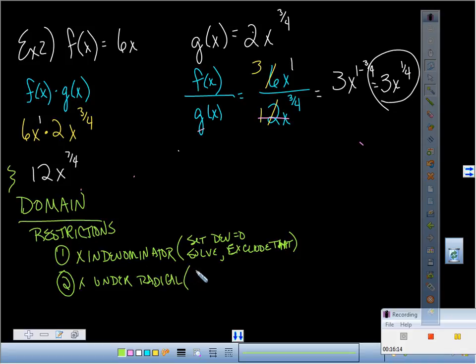So only if it's an even root, you set what's under the radical greater than or equal to 0, and then you solve it, and that will be your domain. Whatever number you get when you solve it, that's what you have to exclude.